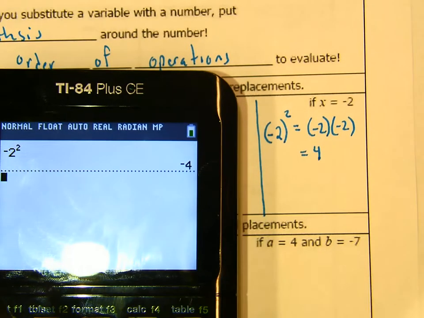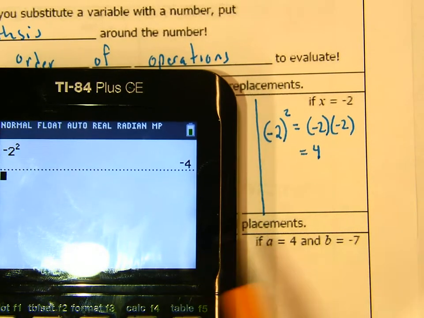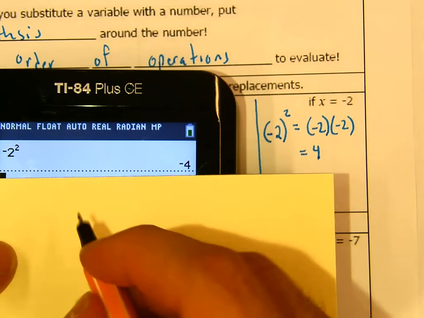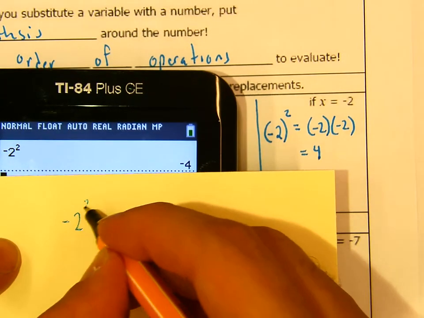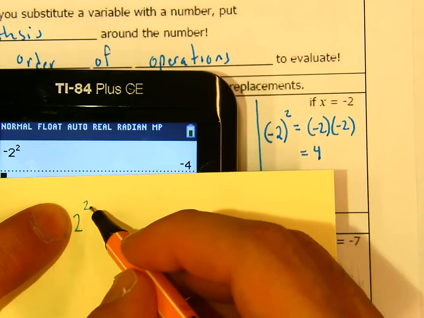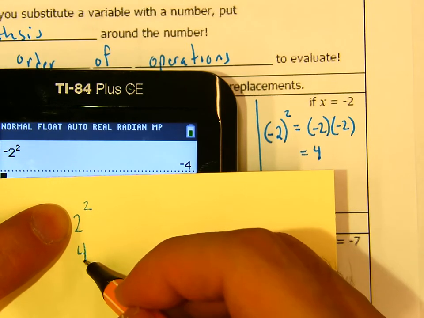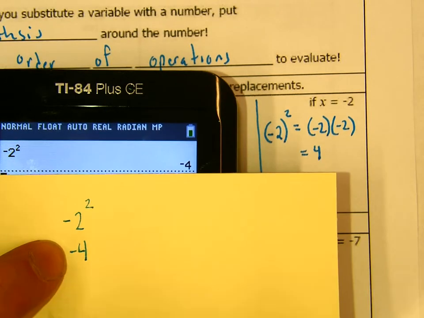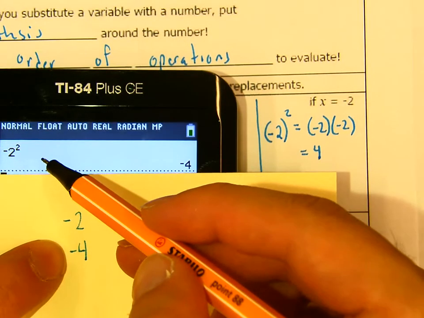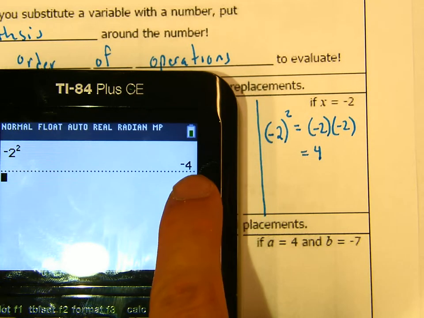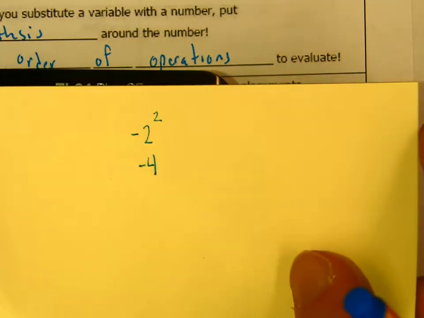Because the calculator is following PEMDAS as well. It's saying, hey, Mr. G, first I'm going to do 2 squared, which is 4, and then I'm going to apply the negative. That's what the calculator is doing right now. We know that -2 squared is not -4, but this is what the calculator is doing.